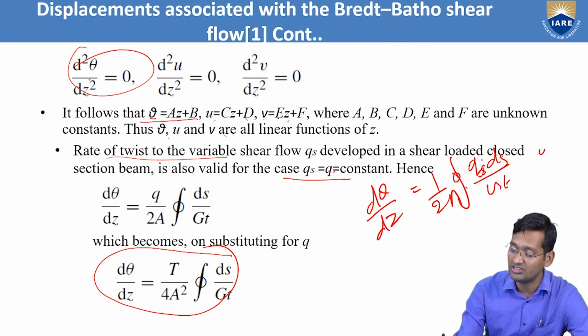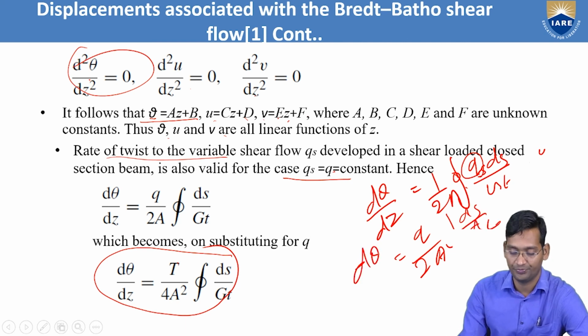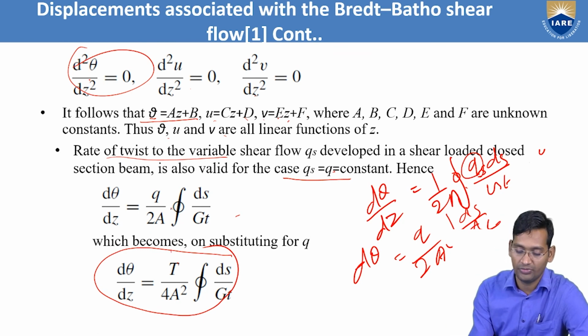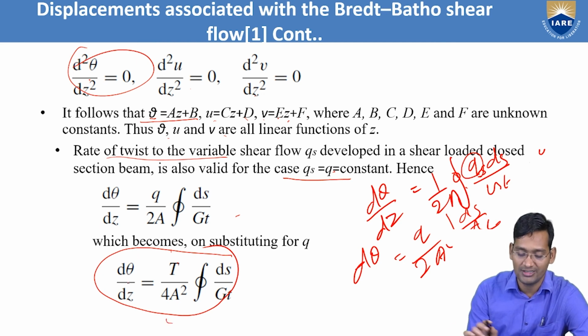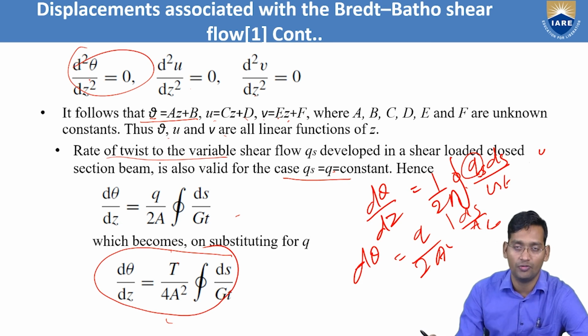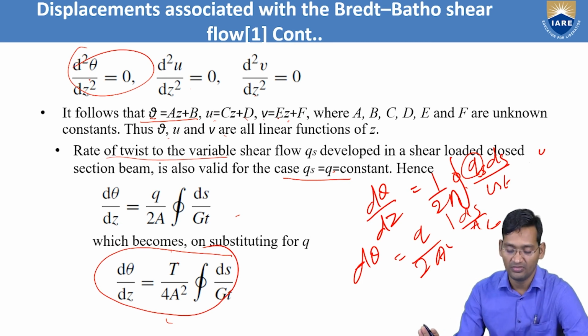Now Qs equals Q and is constant, so we can take it out of the integration. So Q by 2A closed integral of ds by GT is d theta by dz. Now substitute Q equals T by 2A. After substituting, we get d theta by dz equals T by 4A square closed integral of ds by GT.